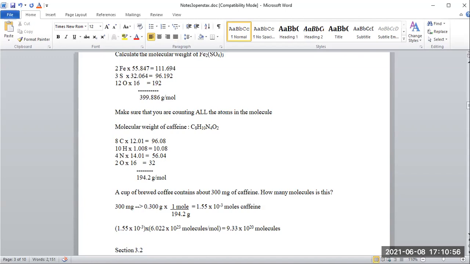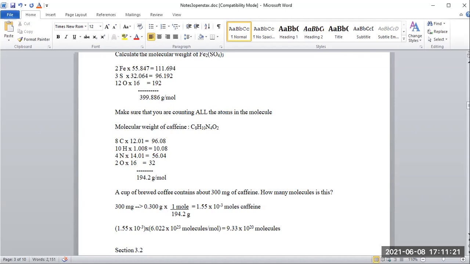Then I used the number that I calculated above, which is my molar mass. Put it on the bottom because we are going from grams to moles. Do my divide. 1.55 times 10 to the negative third. If you didn't write it in scientific notation, it wouldn't make a difference mathematically.